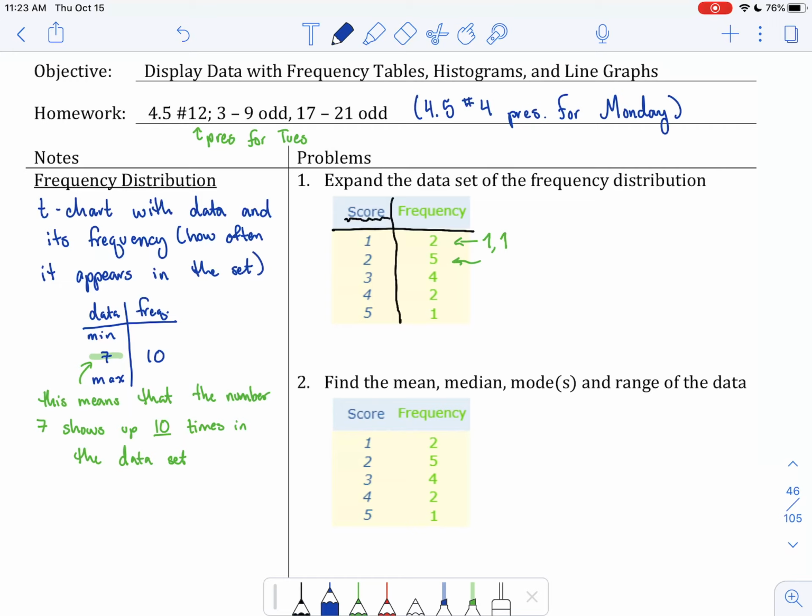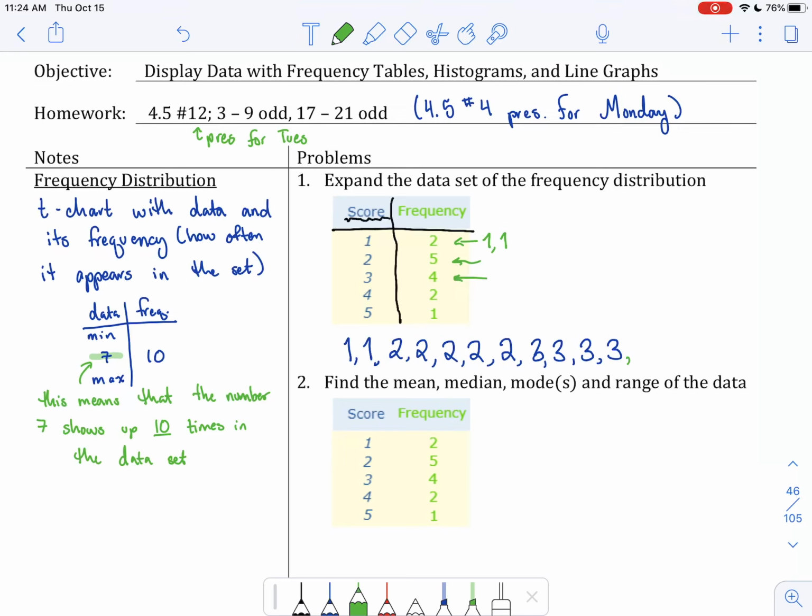If I'm expanding it out as a list, I would say I've got 2 1s, and then I have 5 2s: 1, 2, 3, 4, 5. I have 4 3s, excuse me, so I've got 1, 2, 3, 4 of those. This is from our next line here.